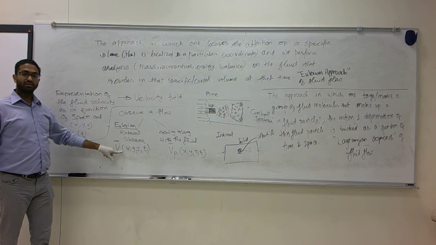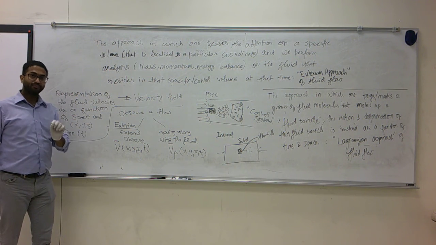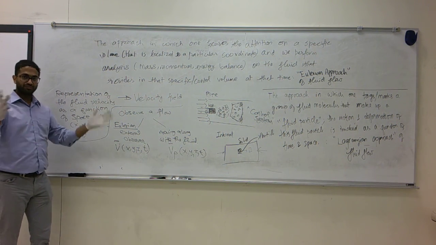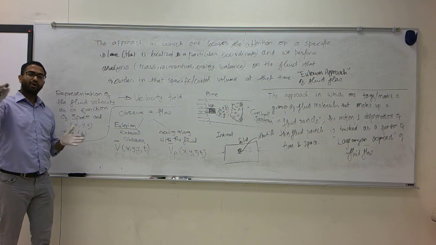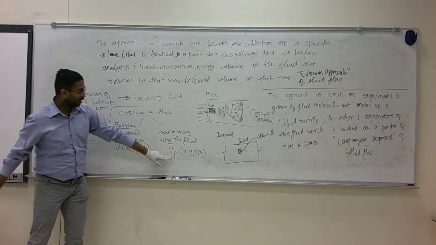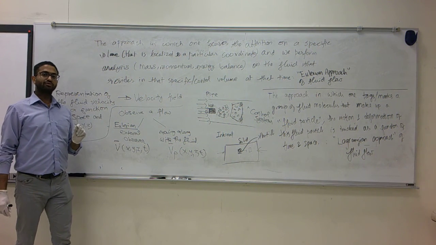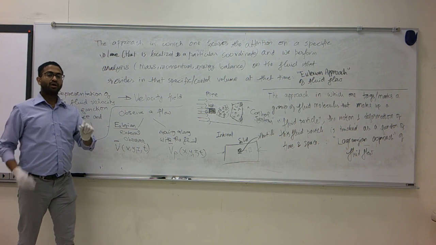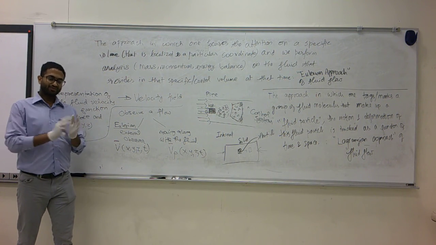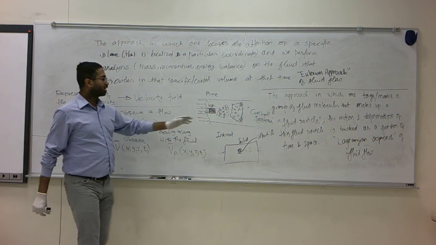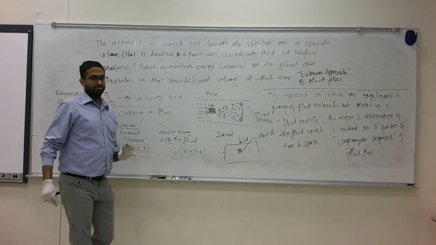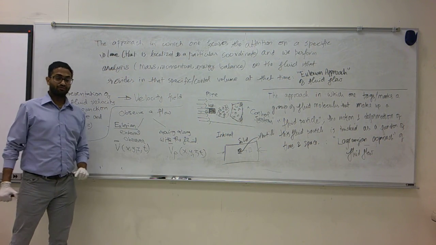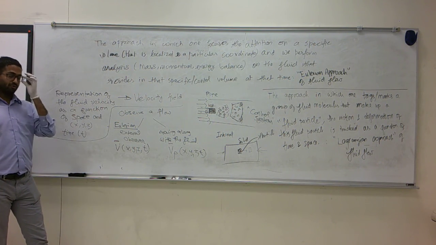The Eulerian velocity is the velocity of the fluid at a given point and time, as a function of space. You can define it at all the points in the fluid domain. The Lagrangian velocity is the velocity of the fluid particle at a given point and given time. It's not for the entire flow field, it's for a given fluid particle and all the molecules that make up that particle. That's the big difference between the Eulerian and Lagrangian descriptions of fluid flow.